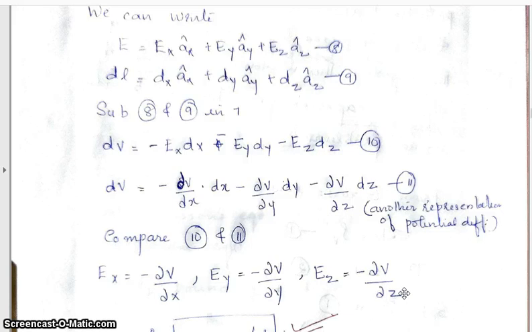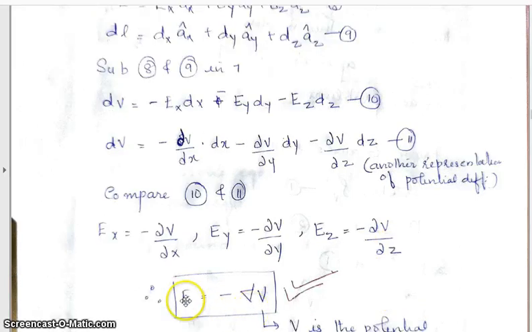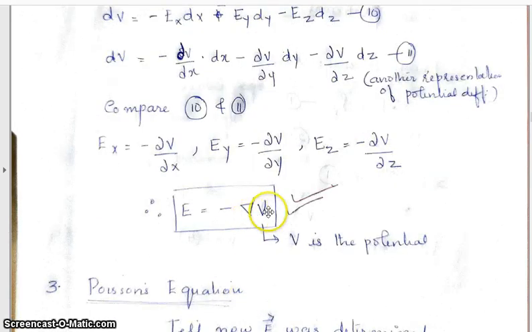And this term is familiar to you, that is dou by dou X represents the gradient, which we studied earlier in this chapter. Dou by dou X represents the gradient of a scalar quantity. Clear? So I can write E is equal to minus del V, where del represents the gradient and V is a potential, which is a scalar quantity.